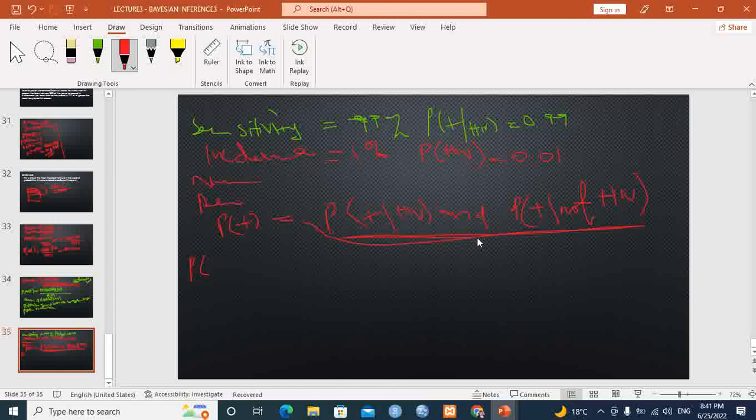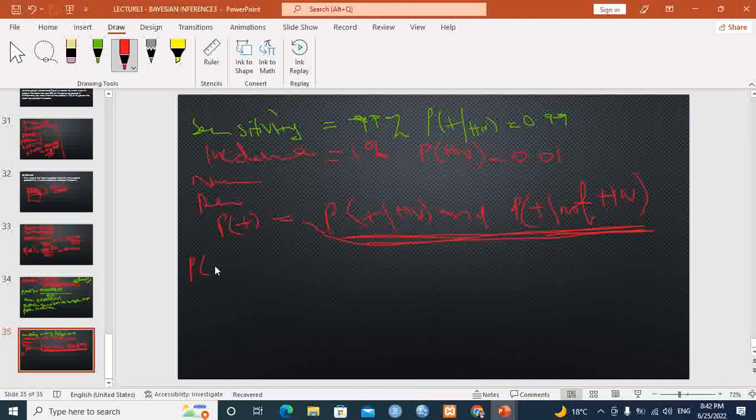So we can use the law of total probability, where positive is contributed by when you are HIV positive, or you can be told you are positive when you are not really HIV positive.